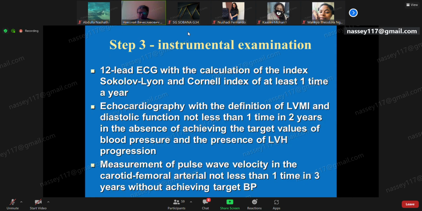More informative is echocardiography with the detection of left ventricle mass index for verification of hypertrophy and for assessment of diastolic function, not less than 1 time in 2 years, in the absence of achieving the target values of blood pressure and the presence of left ventricle hypertrophy progression.